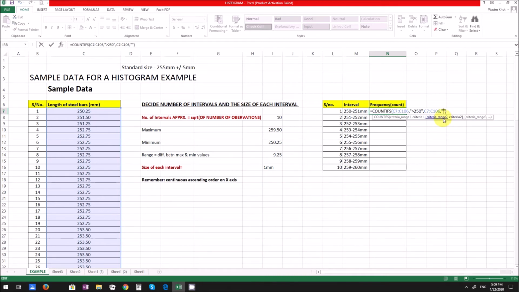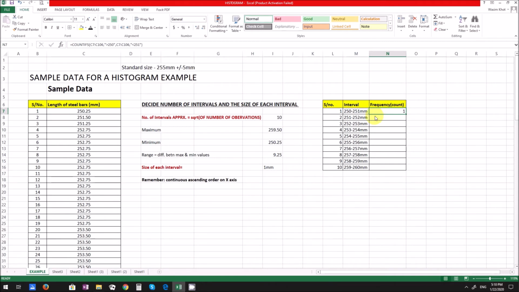The value should be less than 251 mm. So the formula is the range, the first criteria, which is the values to be greater than 250 mm, then the same range, and the value should be less than 251 mm, so that it will count all the values greater than 250 mm and less than 251 mm for this range. Press enter. So it is counted as 1.